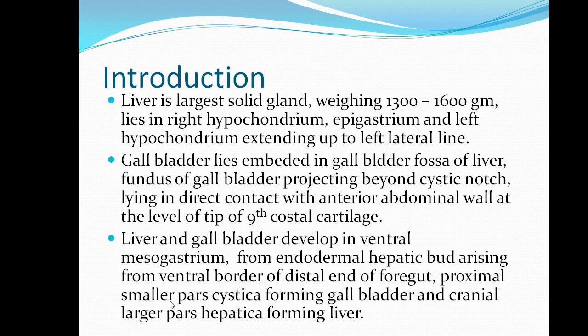This endodermal hepatic bud divides into two parts: a proximal smaller part known as pars cystica, which forms the gallbladder, and a cranial larger part known as pars hepatica, which forms the liver.